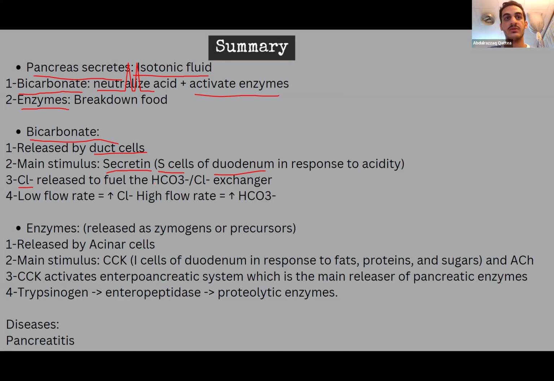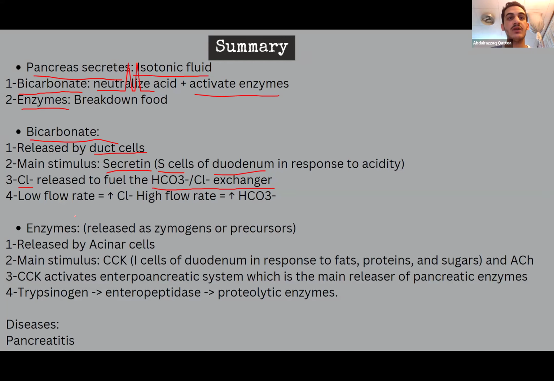Okay, and there are two main types of bicarbonate secretion: the bicarbonate chloride exchanger and CFTR. When we have a low flow rate, the chloride will be more, and when we have a high flow rate, the bicarbonate will be more.